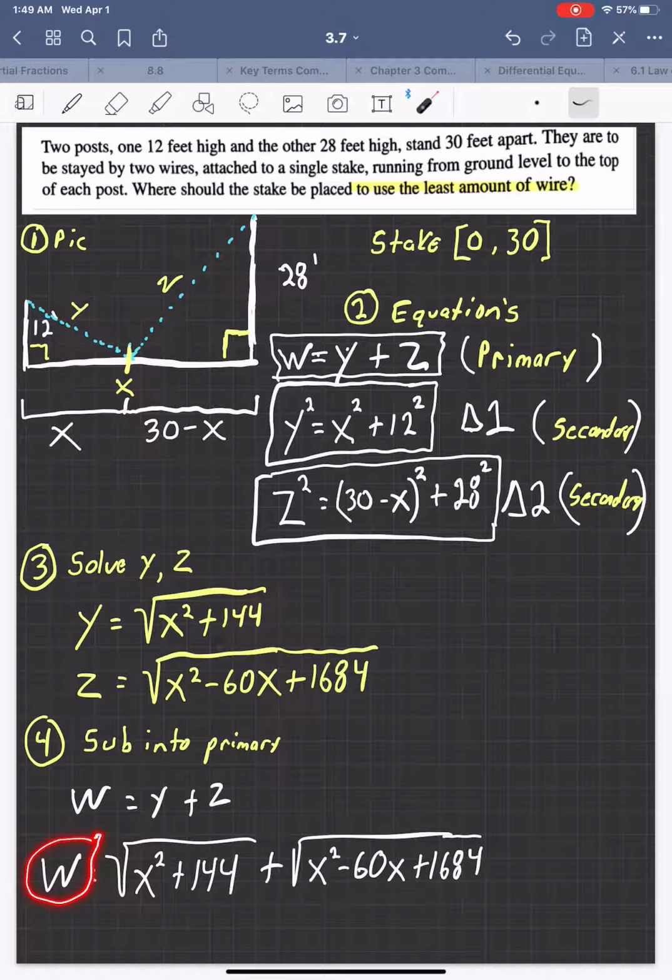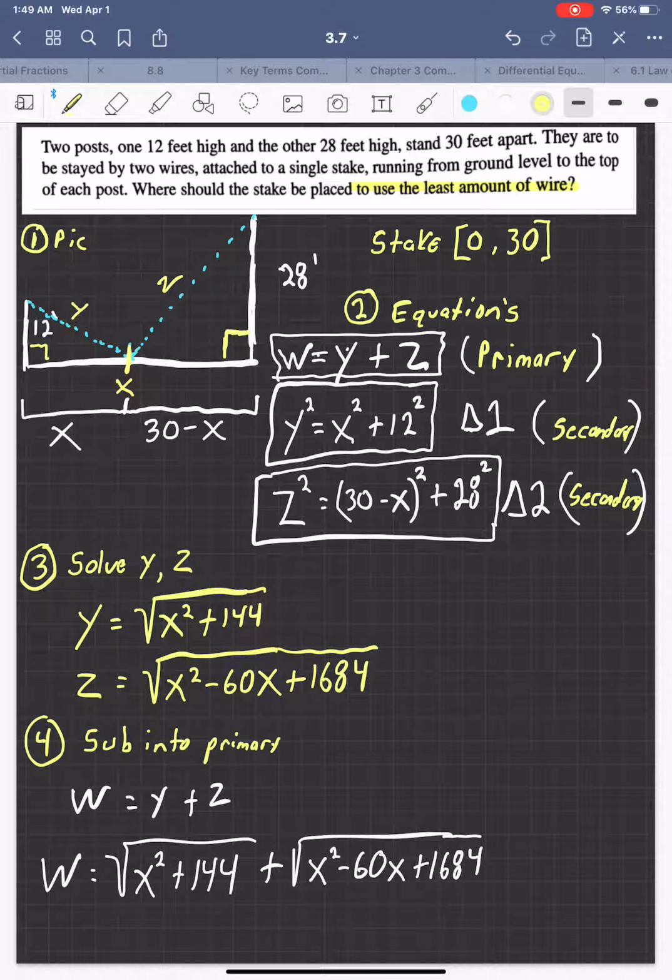It used to be that if I wanted to know the total length of wire to be used in this problem, I would have to know the length of z plus the length of y. Do you know what you have now? Just appreciate this for a second. Now, if I want to know the total length of wire, all I got to know is where you put the stake in the ground. All I need is x. That's actually pretty awesome when you think about it.